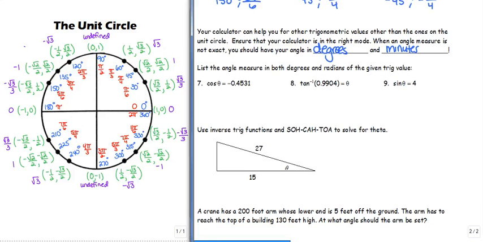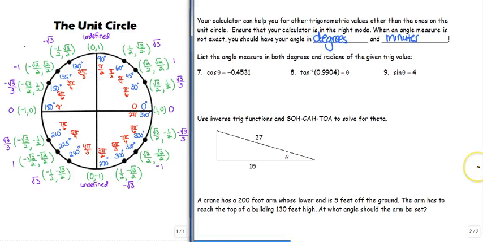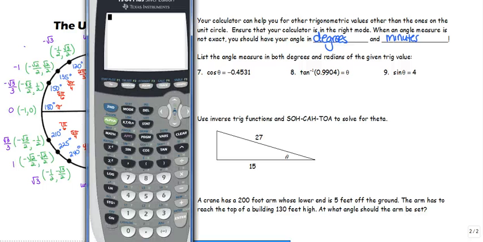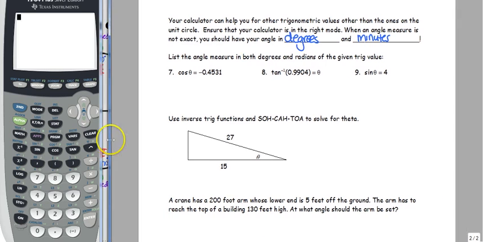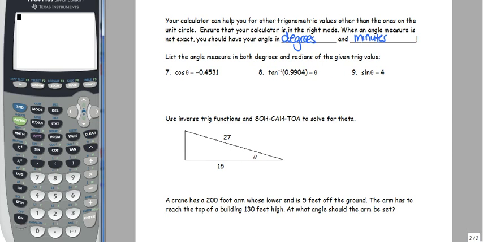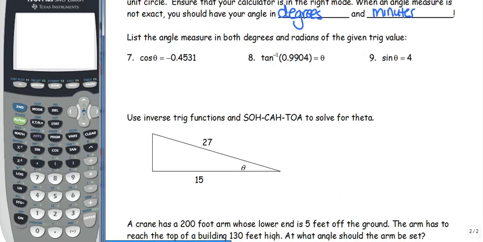So let's go ahead and list the angle measure in both degrees and radians given the trig value. So this time we need our calculator. Let's go ahead and pull that out. Okay, so we want cosine of theta is equal to negative 0.4531.